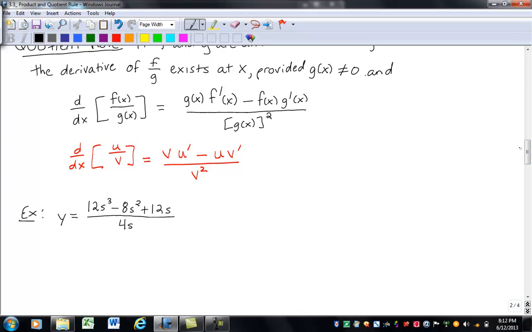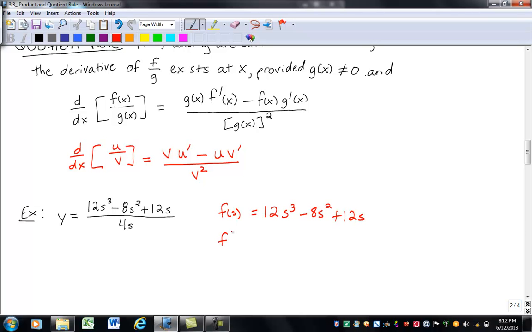So first we'll look at this one here. The function on top, I'm going to call it f, is 12s cubed minus 8s squared plus 12s.